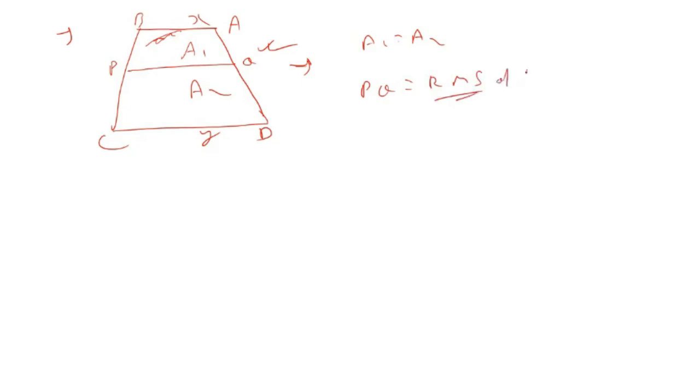Now what does root mean square mean? Root of the mean of squares. The mean of the squares is x square plus y square by 2, and the root of this. So PQ will be equal to this. The line segment dividing the trapezium into two equal areas, important.